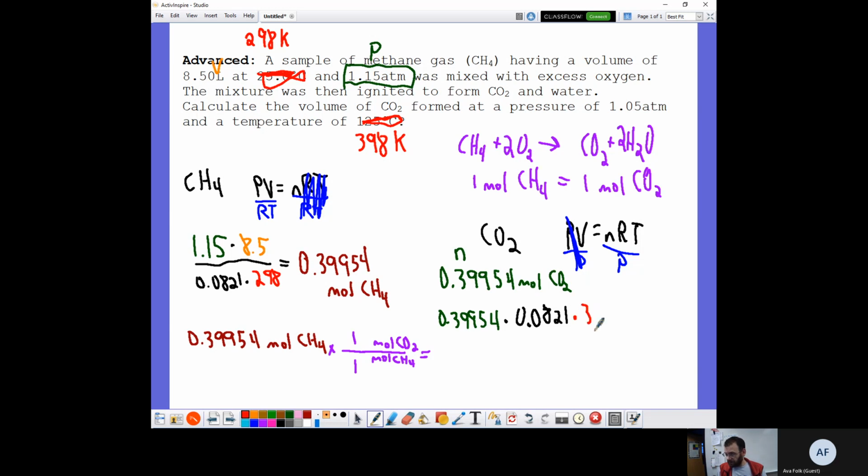So I've got my 398 kelvins there. But again, I don't worry about units, because as long as I stay in the units that I normally use, I'll be fine. And I'm going to divide that by pressure, and the pressure is listed right up here, which I'm going to use a different color for, 1.05.